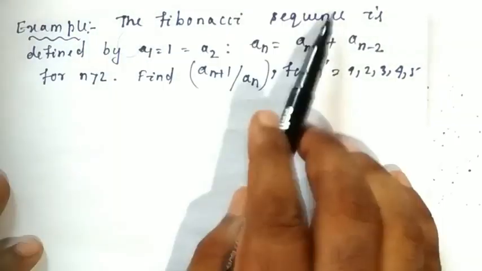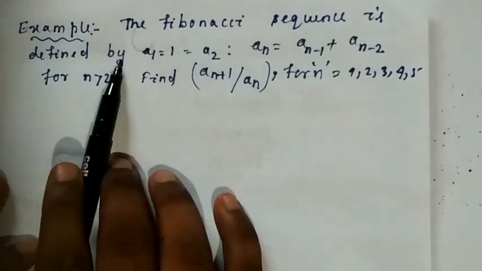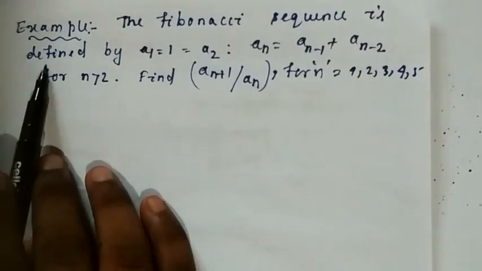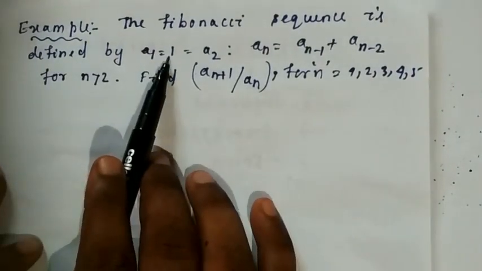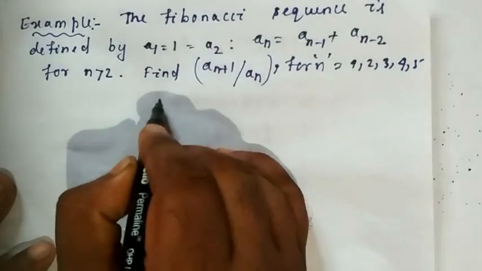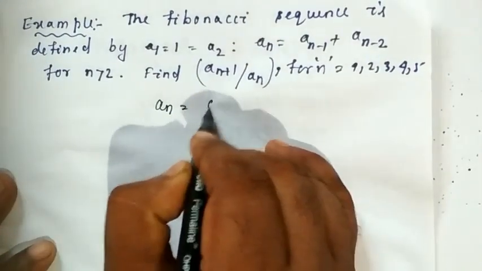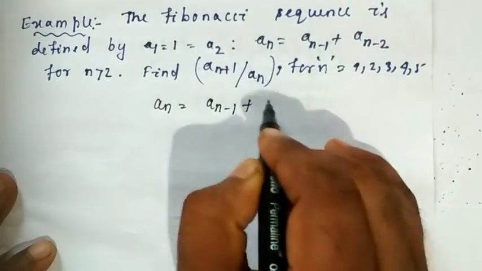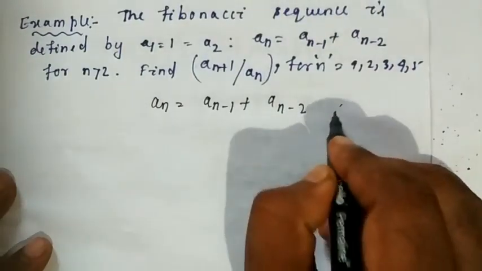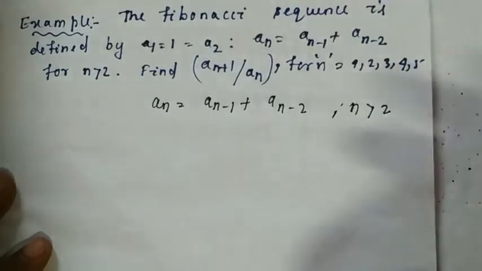The Fibonacci sequence is defined by, one question is given: the Fibonacci sequence is defined by a1 is equal to 1 is equal to a2, and an is given to you. What is given here? an is equal to an minus 1 plus an minus 2. The condition is that n value should be greater than 2.